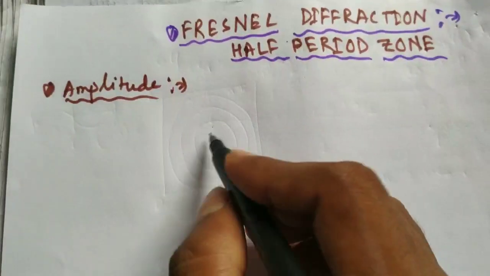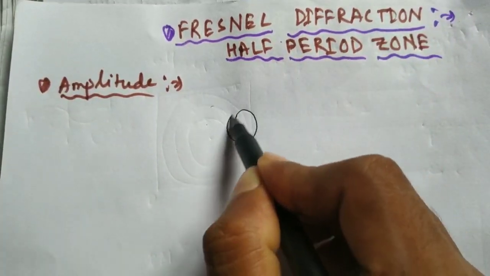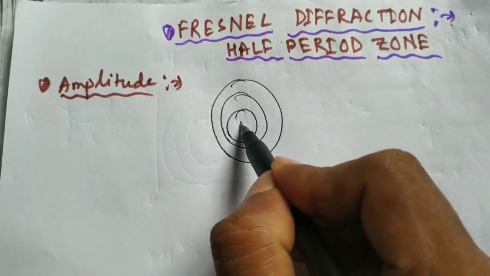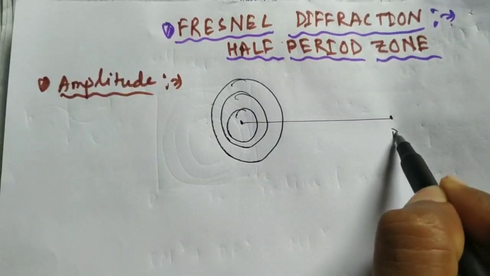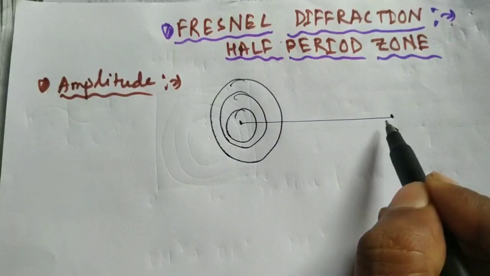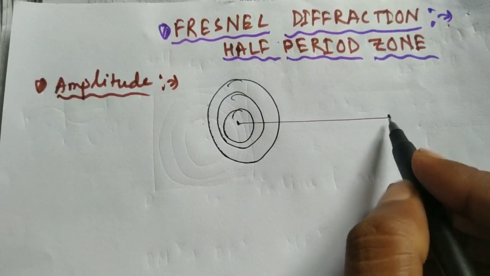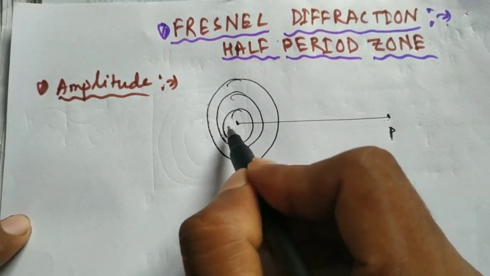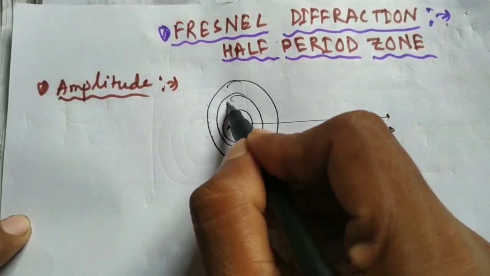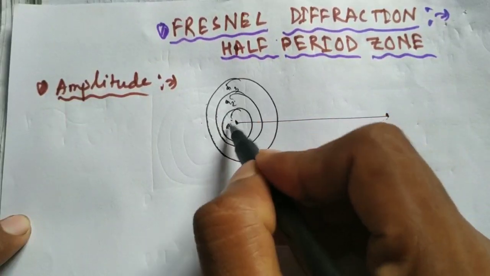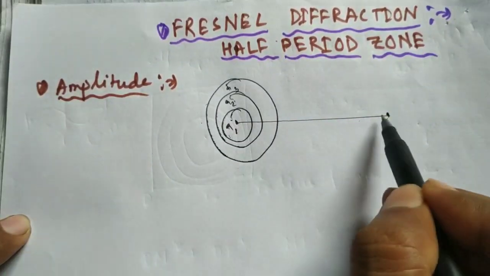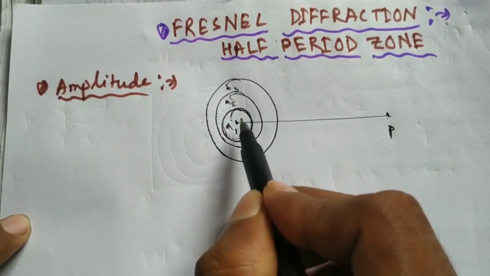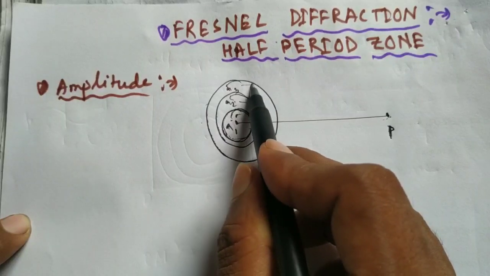So if these are zones and at P we consider the resultant disturbance, A1, A2, A3 are the resultant amplitudes at point P for the wavelets coming from the first zone, second zone and third zone.